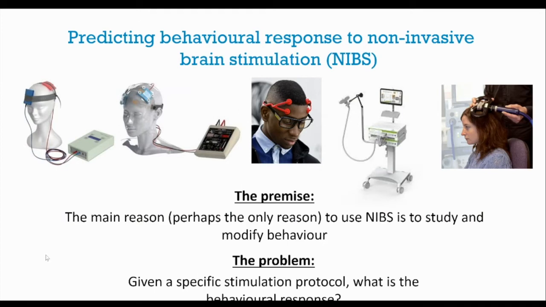By predicting, I mean not making a guess based on previous papers or good reasoning, but having a specific prediction based on a mechanism and a formal process through which we can describe that response.